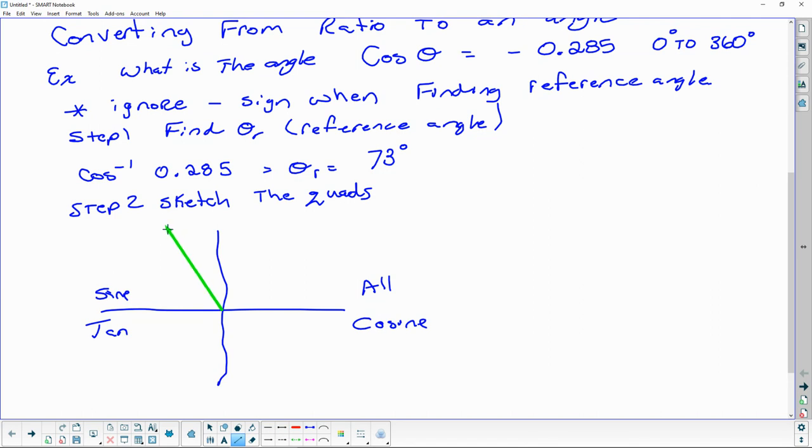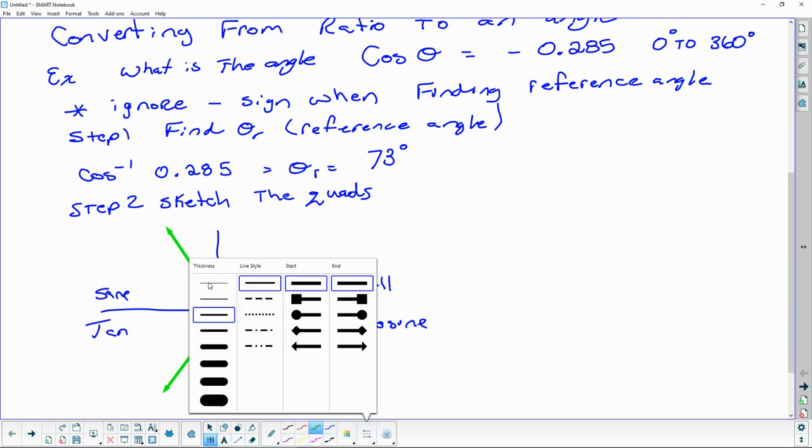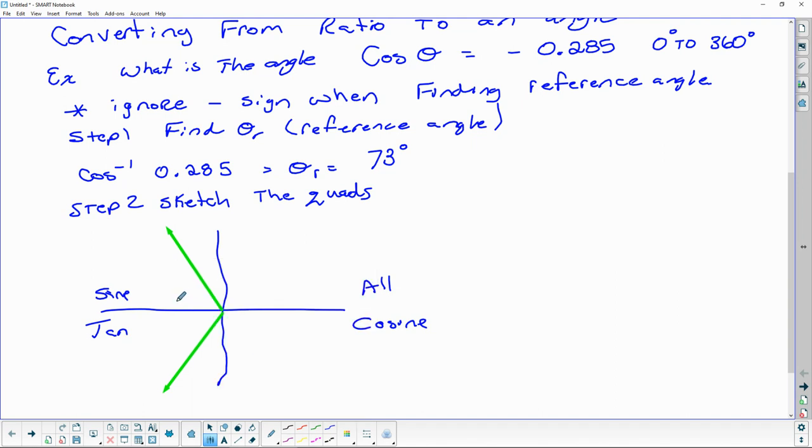Remember the 73-degree angle is always with the x-axis. And I'm going to make another 73-degree angle here. And I label it up. Okay, my reference angle here is 73 degrees and 73 degrees.